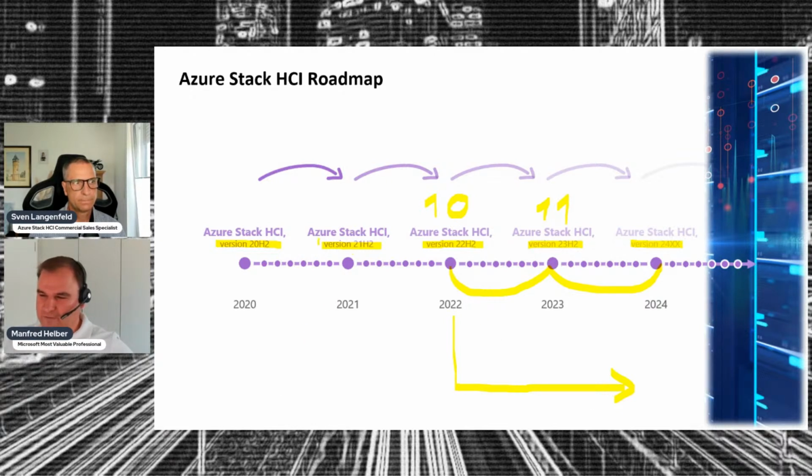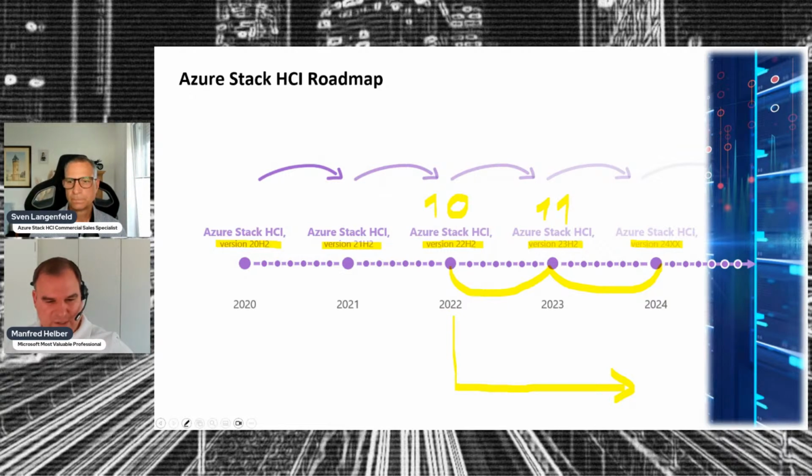When Microsoft published version 21H2, I had 6 months to migrate from 20H2 to 21H2, and the same from 21H2 to 22H2. At the moment, we have the situation that both versions, the 22H2 version and the 23H2 version, are still supported, and we don't have a support end that is defined for the previous version.